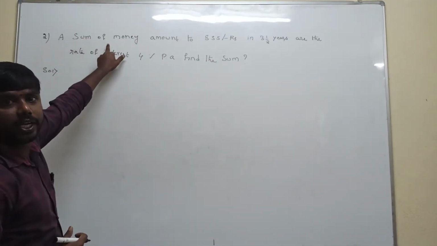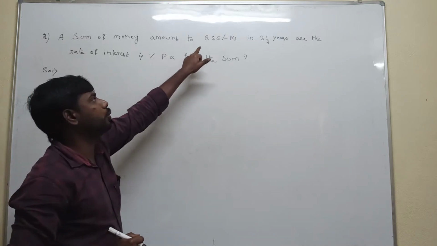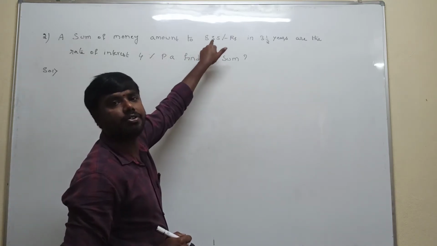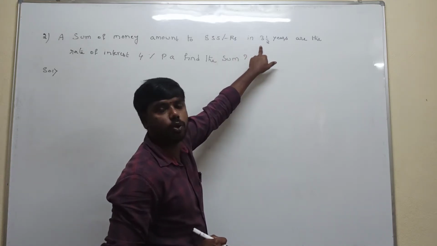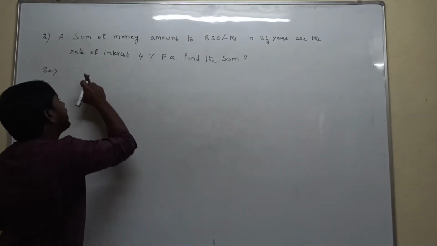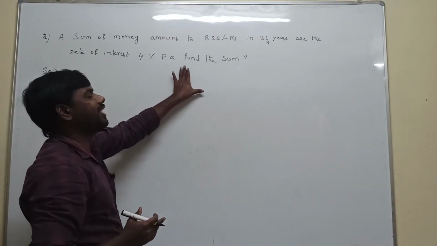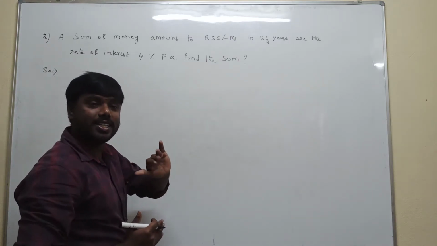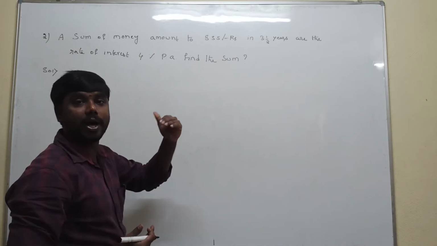Total amount, capital A, is equal to 855 rupees. Duration time T is equal to 3.5 years given, and also rate of interest is given as 4% per annum. Find the sum. Find the sum is nothing but the sum of money.